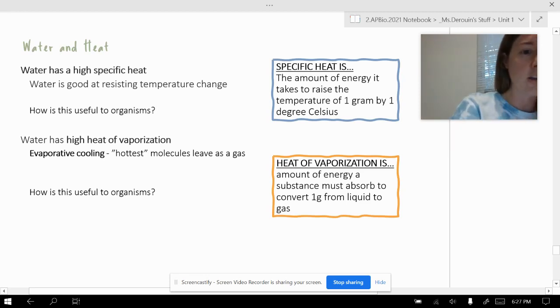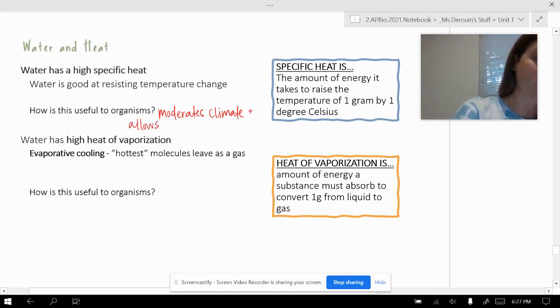So it's useful because it moderates climate and allows organisms to inhabit water.